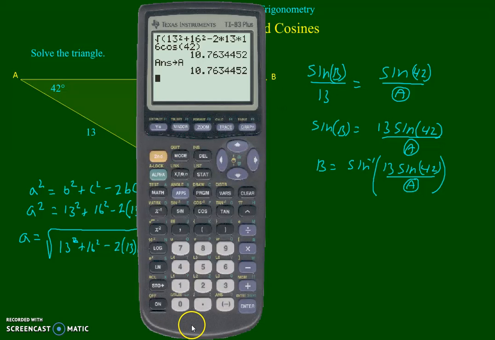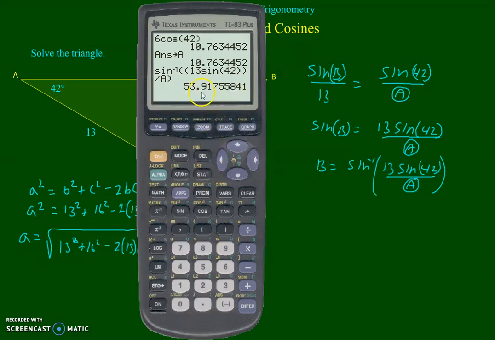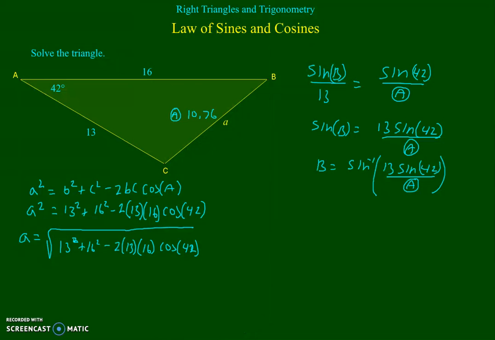Let's execute this calculation. Second sine, that's arcsine of 13 sine 42, close my parentheses, divided by alpha A, because I stored my value in alpha A. And so my angle is 53.91, which is a nice acute angle, so we're in good shape.